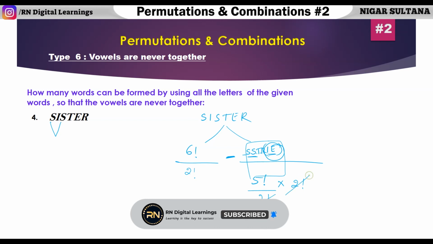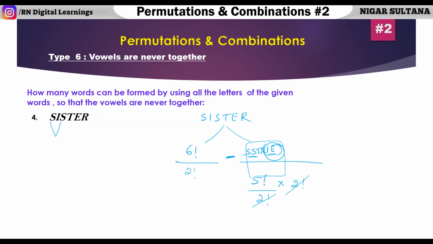2 factorial gets cancelled. So what is this? 6 factorial, right, minus 120. So what is this? So this is my 5 factorial. What is 5 factorial?